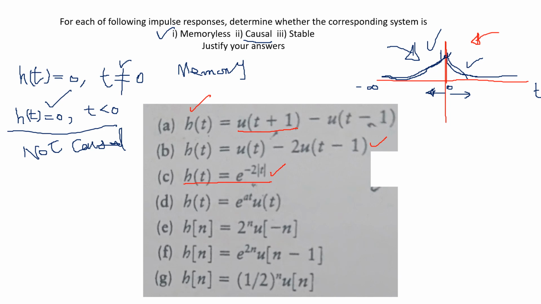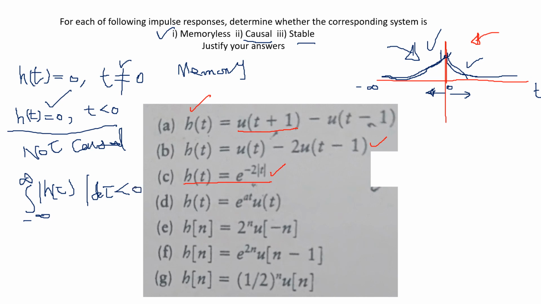Okay, then the next is stability. We have defined stability as the integration from minus infinity up to infinity of the absolute value of h of tau d tau, and it must be less than infinity, right?